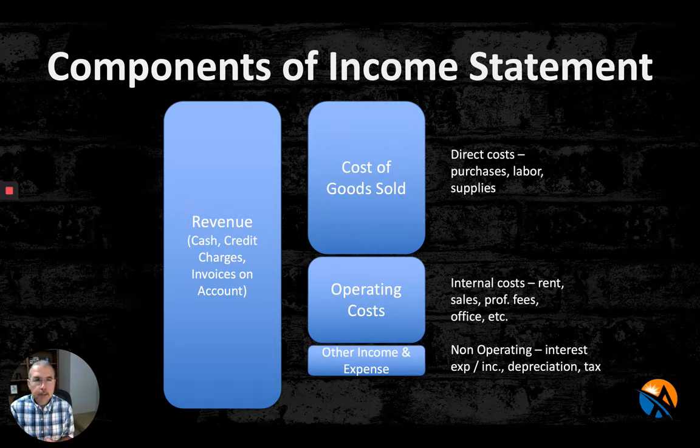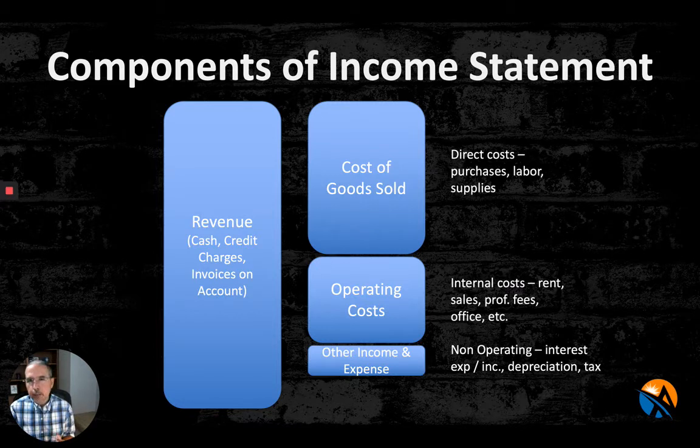The next section you have is what I call non-operating costs. This is going to be things that are not necessarily within your control, and they're almost kind of strange in how they impact your business, but you don't really have control over them. So we put them in an other income and expense account. So those things are going to be like interest costs on debt.